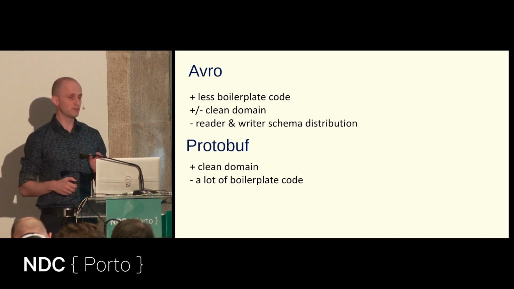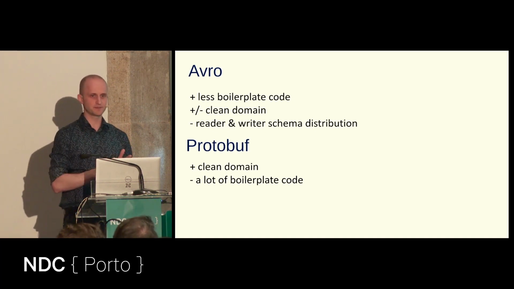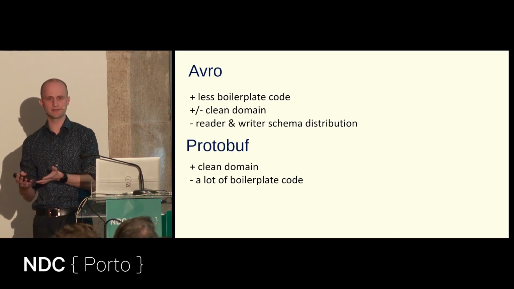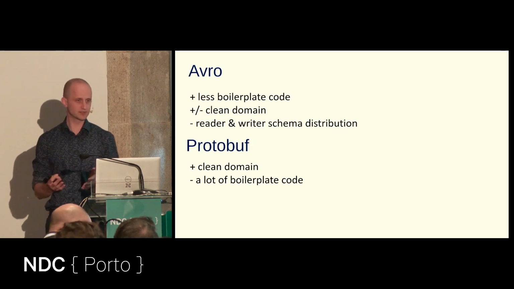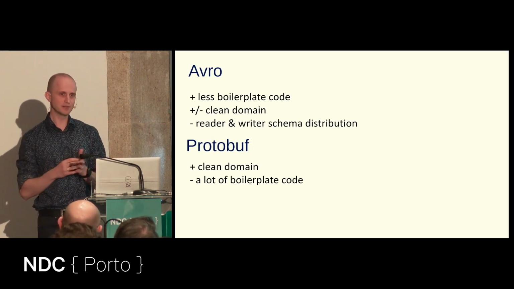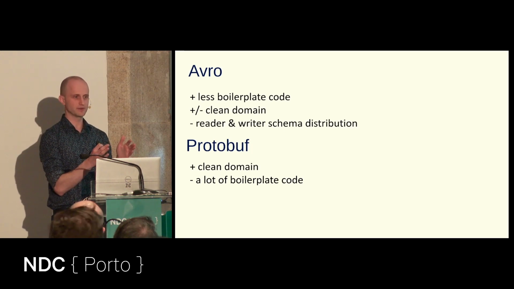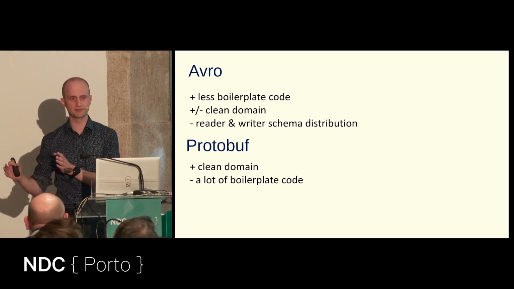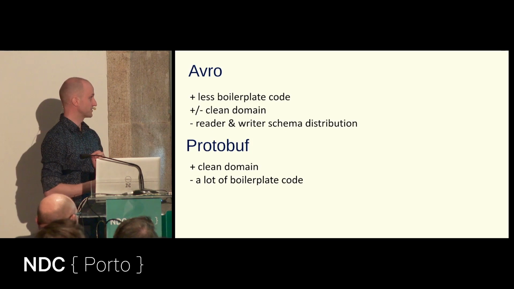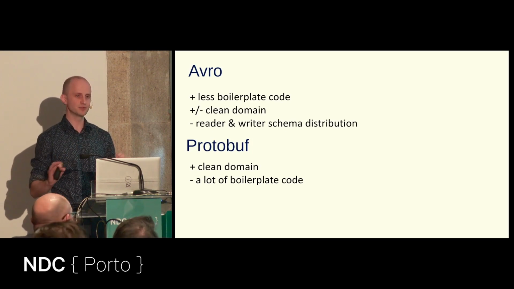In case of protocol buffers, schema is first. And based on that schema, you will generate some code. This generated code is so ugly that you will create a separate model for your serialization and a separate model for your domain, which is very nice for me because you will have a clean and pure domain.